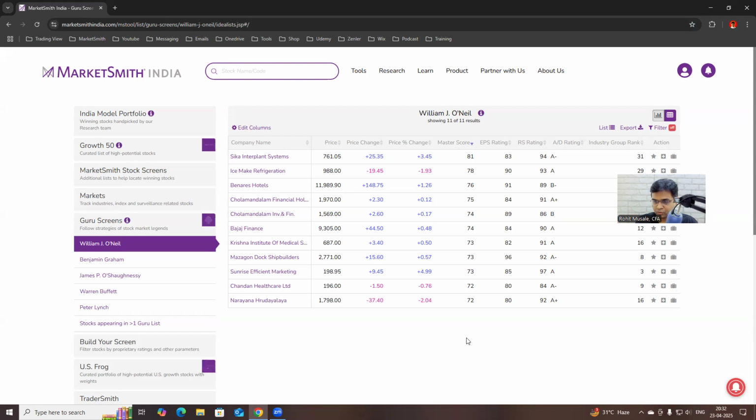However, that stock could have 3/4 of accelerated earnings growth, 3/4 of accelerated sales growth, more than 25% sales growth quarterly, more than 40% EPS growth quarterly. Is it possible? Of course, it is possible, right? Chances are very low that it will not come in the filter. It is likely to come in the filter. But what if because of one point you miss?